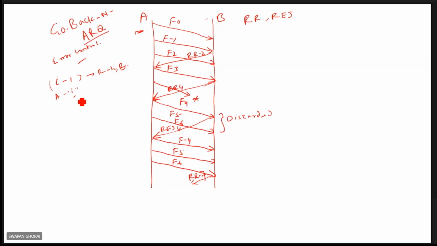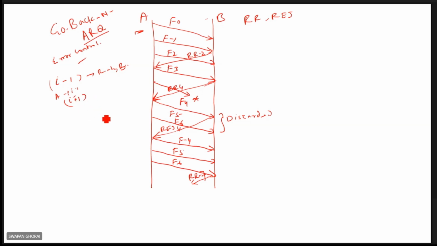Since this is based on sliding window flow control, even if A does not get the acknowledgement, it will continue to transmit. So the next frame, i+1, will be transmitted.